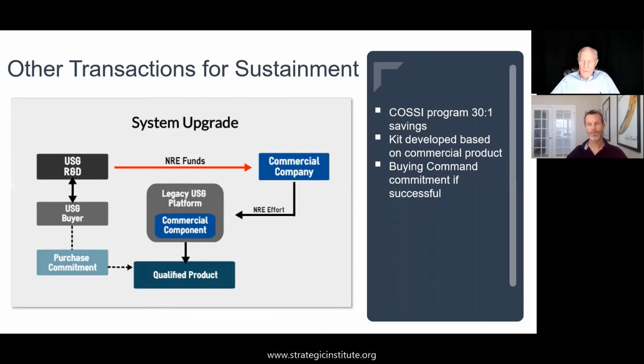And if that occurred, then the US government buying command had made a commitment to purchase that product in lieu of restarting a production line of an obsolete part, for example. They knew that they were going to have an ongoing need for 5 or 10 years for that part.